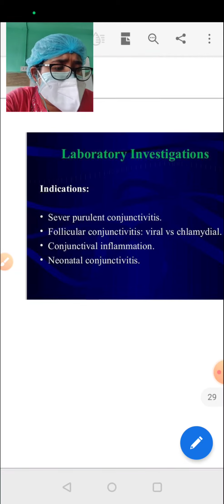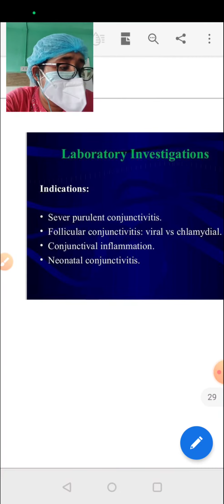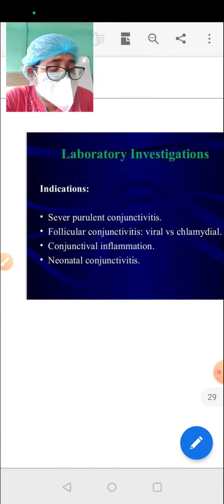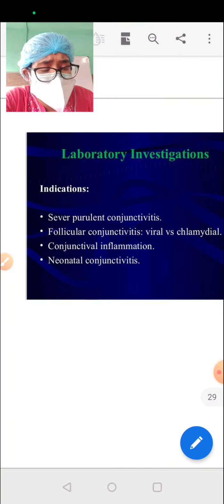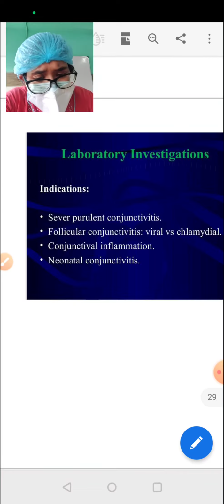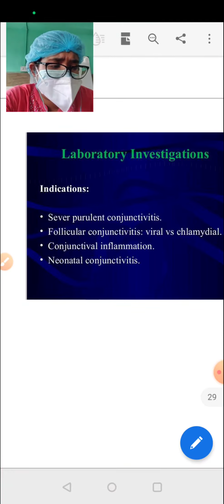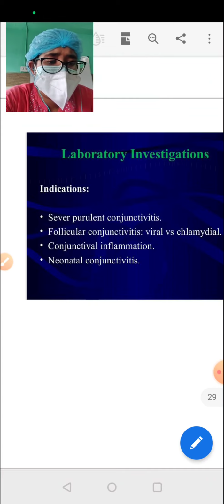In bacterial cases, you give common broad-spectrum antibacterials like ofloxacin, ciprofloxacin, levofloxacin, and tobramycin drops. In viral cases, we give topical acyclovir ointment also. Most commonly we use tear substitutes, and to prevent secondary bacterial infection, even antibiotics.